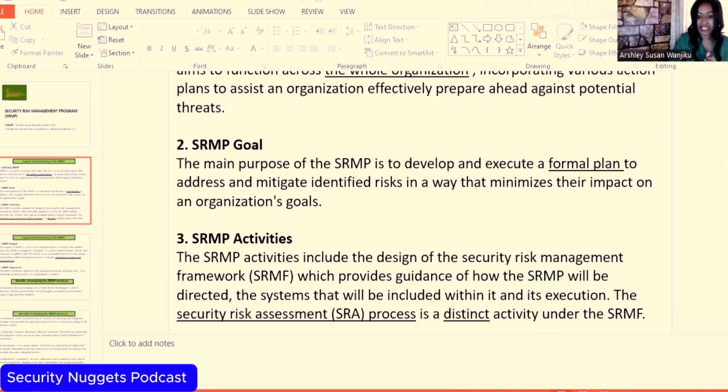The security risk assessment process, the SRA, is a distinct activity under the security risk management framework. Now, we need to get this right because this is where a lot of professionals are slightly missing the mark.